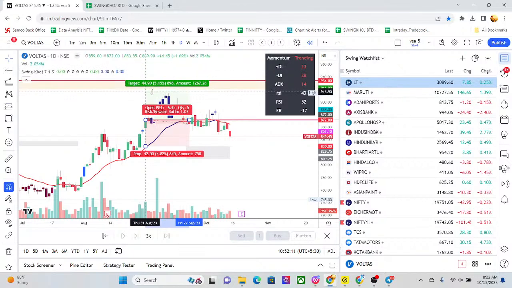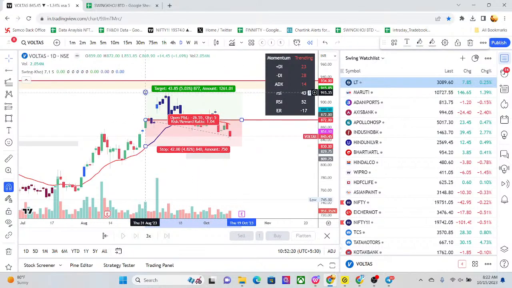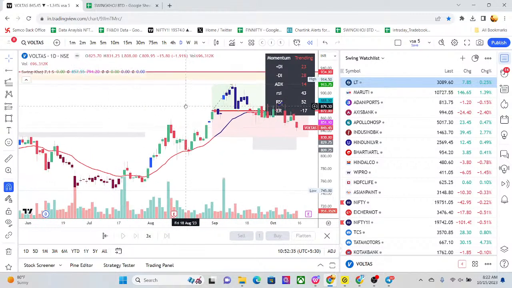So we'll go for 1:1. Just about hit the target. So 1:1 target was met here, right? Just about, just touch and go.